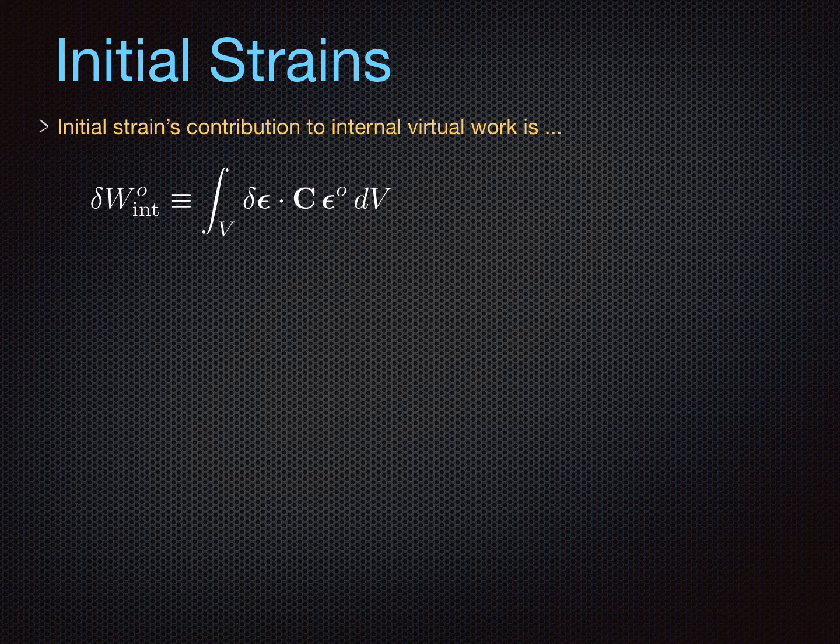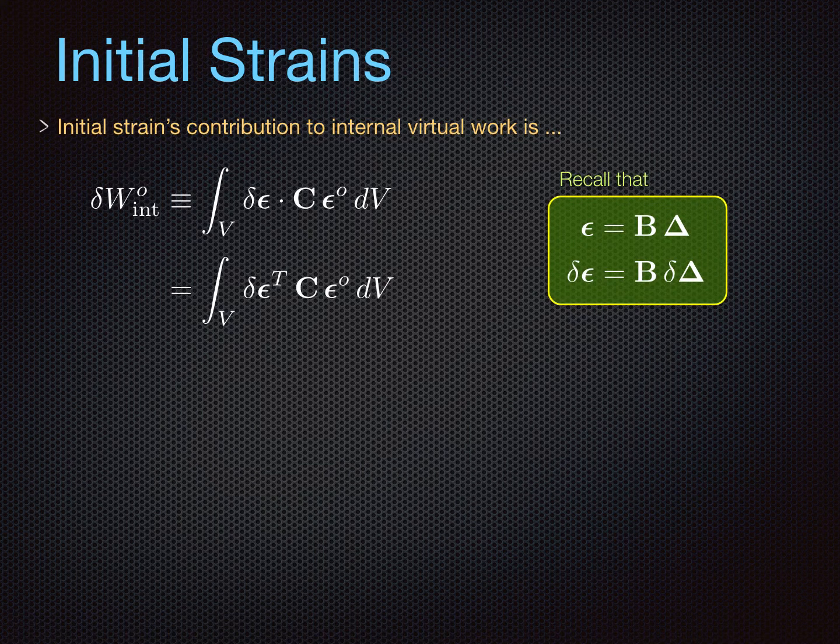And here epsilon naught needs to be well defined, depending on the problem. And I will define it in the context of a thermally induced initial strain. And recall that our strain displacement relationships would relate these quantities to the nodal quantities, whether virtual or real. So the one I will use here is the virtual one.